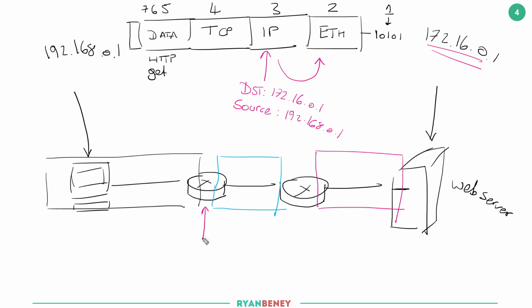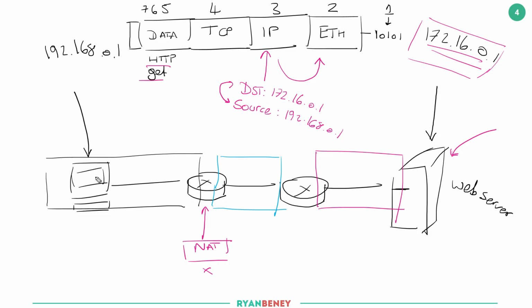One, if one of these devices is using something called NAT, which is network address translation, and this is not going to be the case for this scenario. Or two, it does reach the destination, and when the destination needs to send traffic back, it swaps the destination and source around and sends the data back, which in this case is going to be the HTTP response to the GET message.